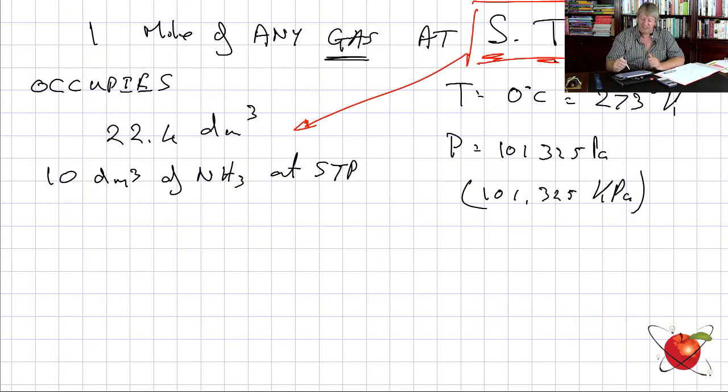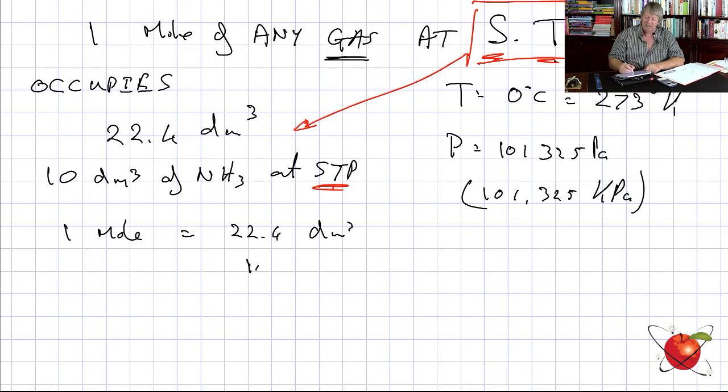Straight away, the trigger says, whoa, hang on, I remember STP. Straight away, I go to 1 mole equals 22.4 decimeters cubed. Then I put down, what have I got? I've got 10 decimeters cubed, therefore X moles. What do we do to calculate these? We cross multiply, right? So 10 times 1 is equal to X times 22.4.